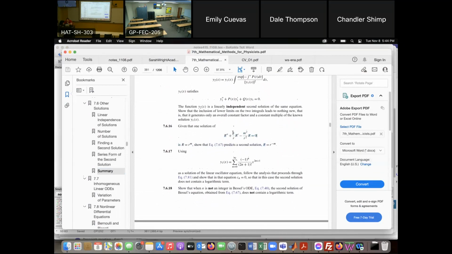This is an ODE where you get r to the m from Frobenius's method, and then if you use the reduction of order formula, then r to the minus m comes out. But that's similar, but it's not the same ODE.